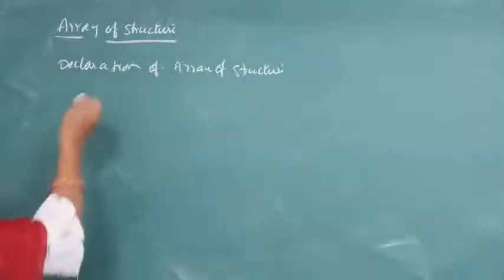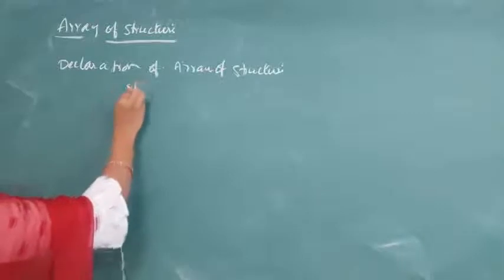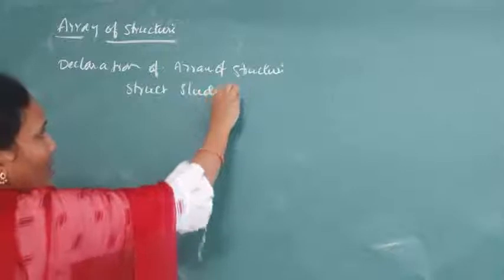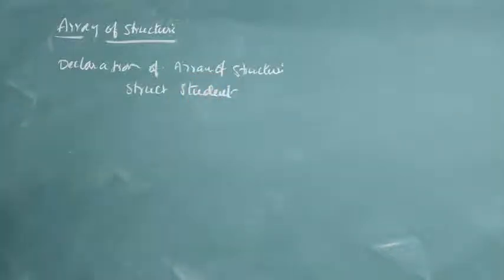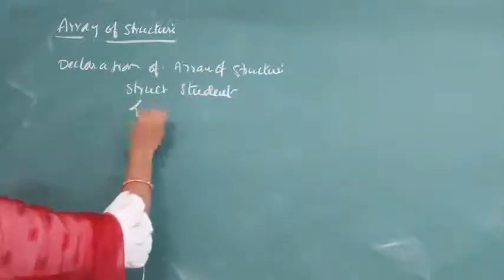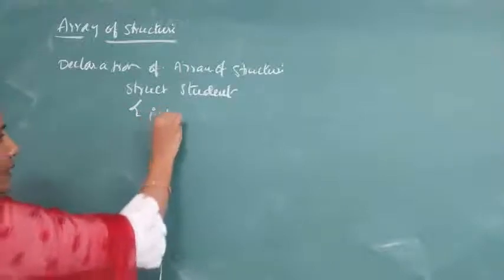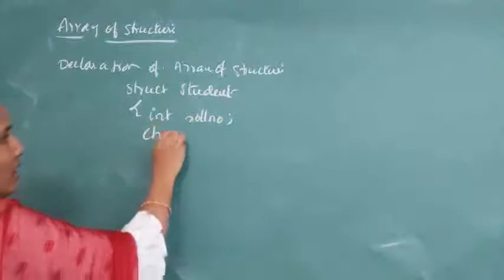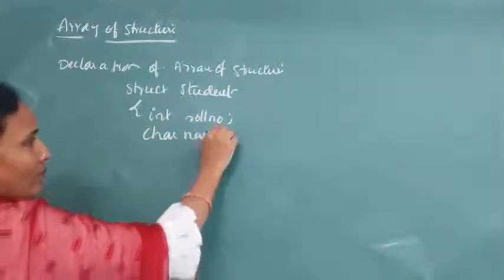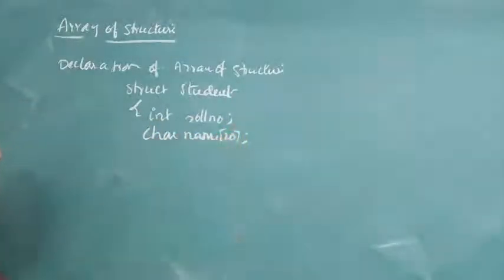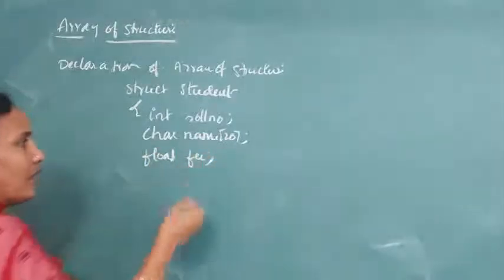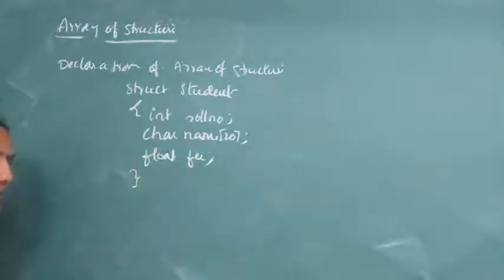Okay. See example. In the previous example, what I have given? Struct student. So it is the name of the structure. And here we have members. What members we have? Int roll number, next char name, 20 characters we are giving for a name, and next float fee. 3 are the structure members.